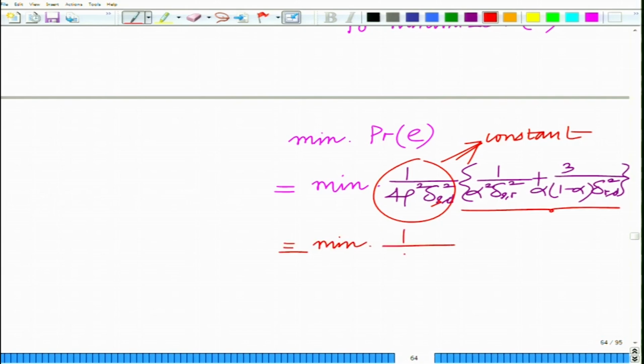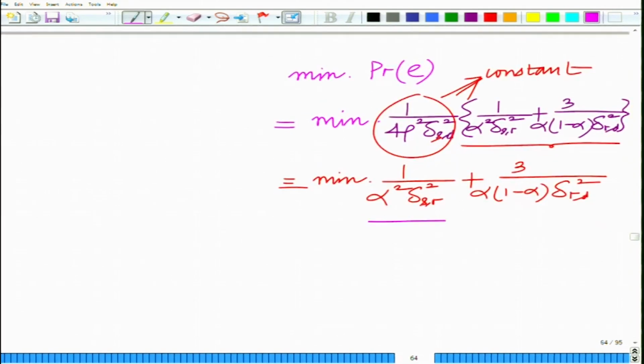So we need to only minimize this part, which is therefore equivalent to minimization of 1 over alpha square delta SR square plus 3 over alpha into 1 minus alpha delta RD square.